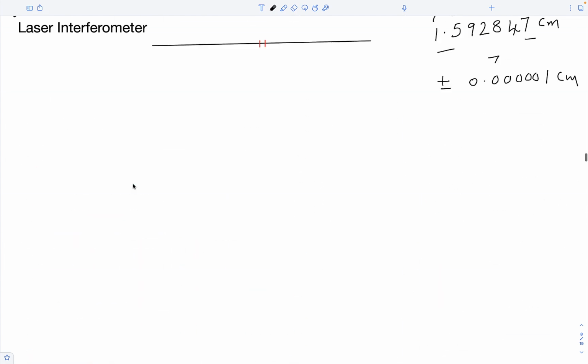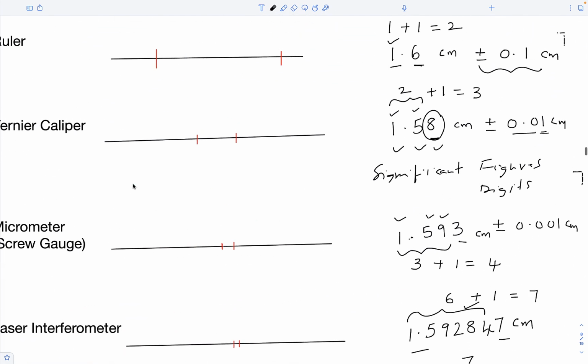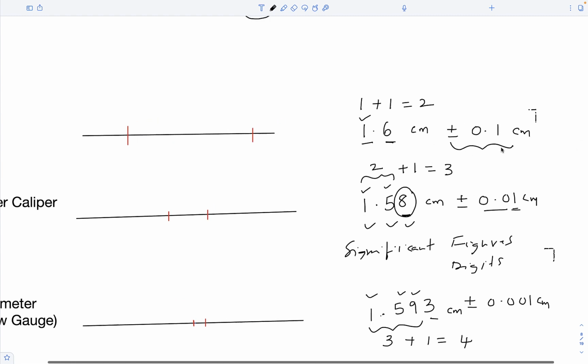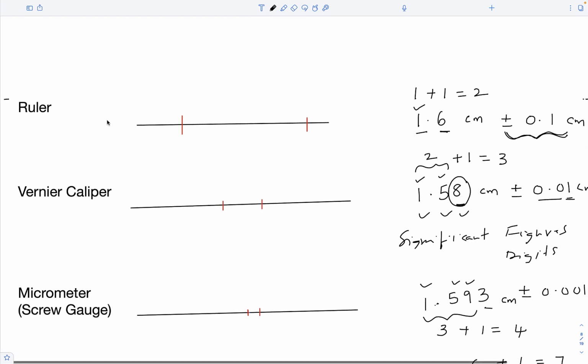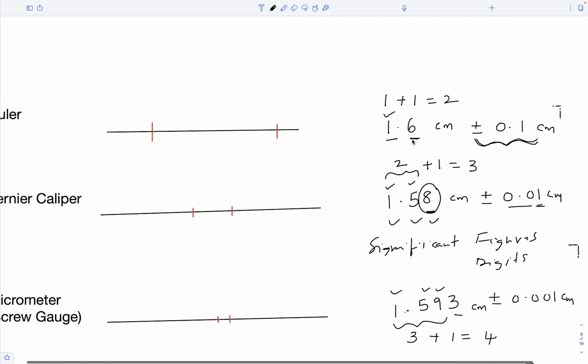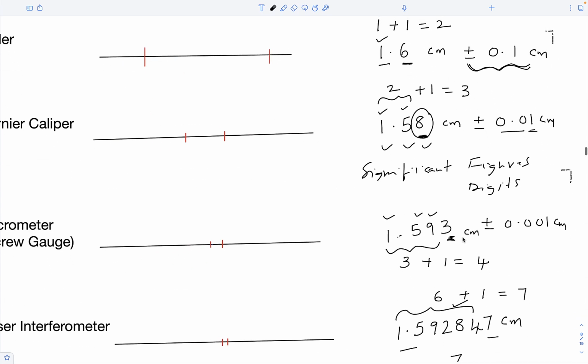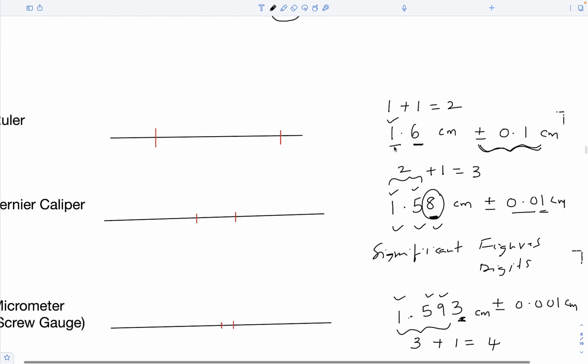Then we discussed a third kind of error, or uncertainty. This error or uncertainty is not because of a defect in the measuring device. This is because we are trying to estimate the value of 1 digit more than what the markings on the measuring device allow us to read. And because this is an estimated value, there could always be some error or uncertainty in it.